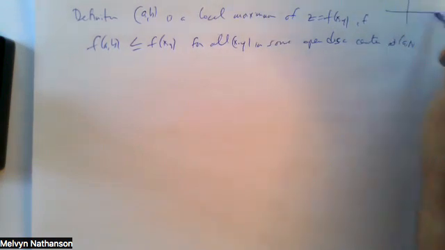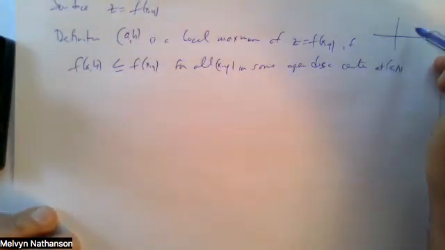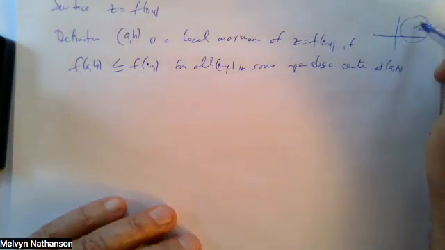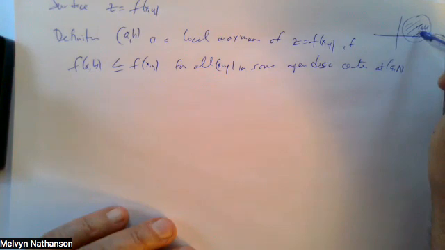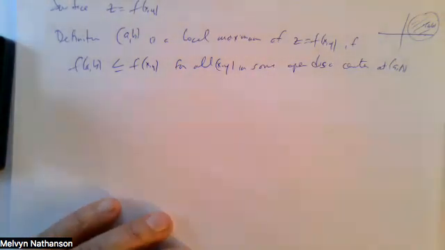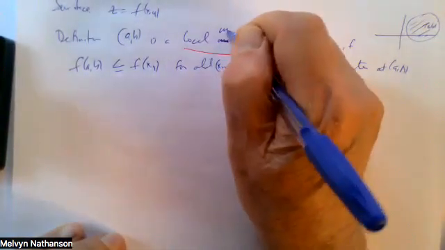In other words, in the xy plane, z is a function of x and y. The point (a, b) lies in the domain of the function, and there's some open disk around (a, b), some little circle. And at every point in this open disk, and the radius can be as small as you like, the value at (a, b) is less than or equal to the value at (x, y). Sorry, what I just defined is the local minimum. Should get that right.